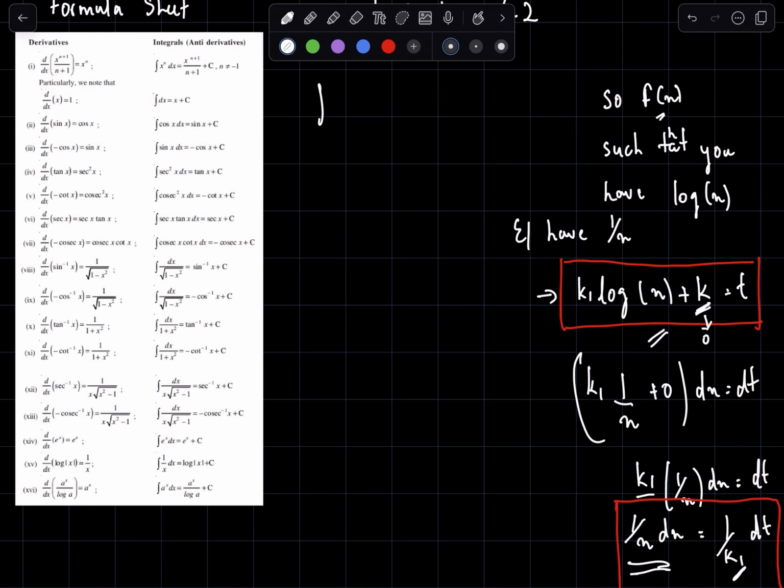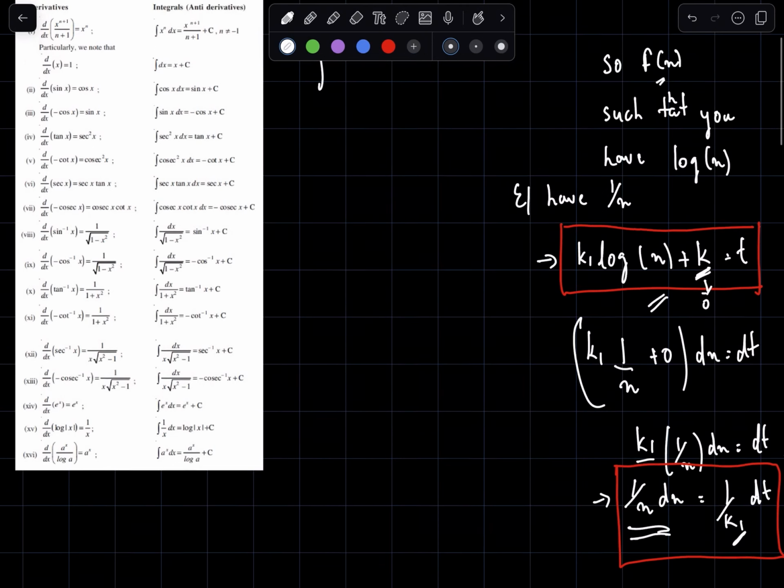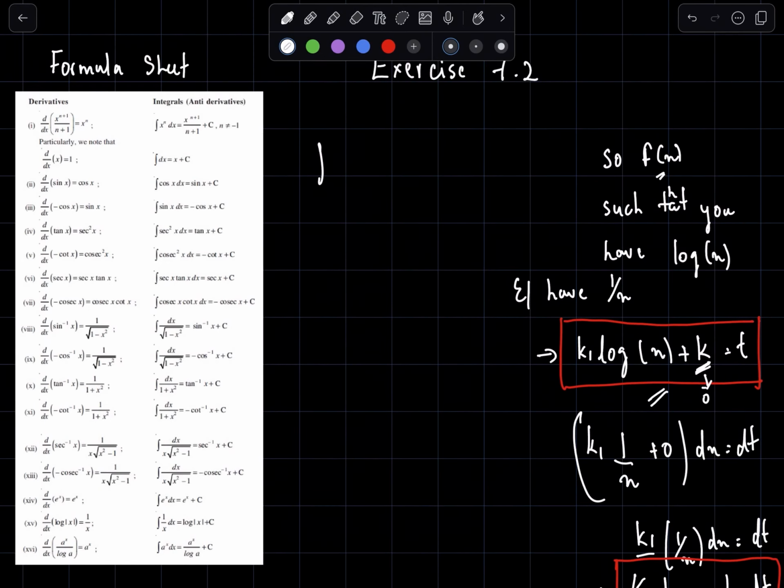Simple, very simple, and I gave you the reason why. So let's start with the first log question, which is question number 2. If you didn't understand, we'll be doing questions. I'll be doing the same type of questions, so as you watch, you will understand.